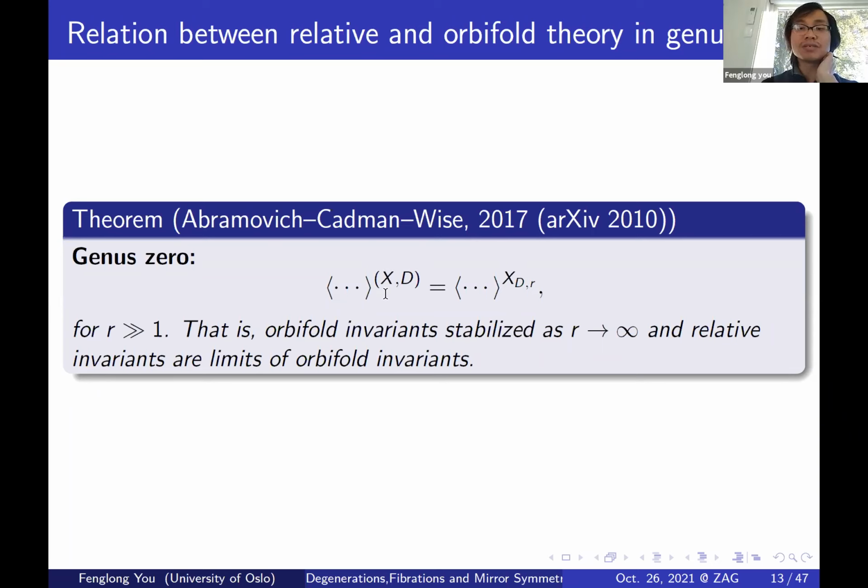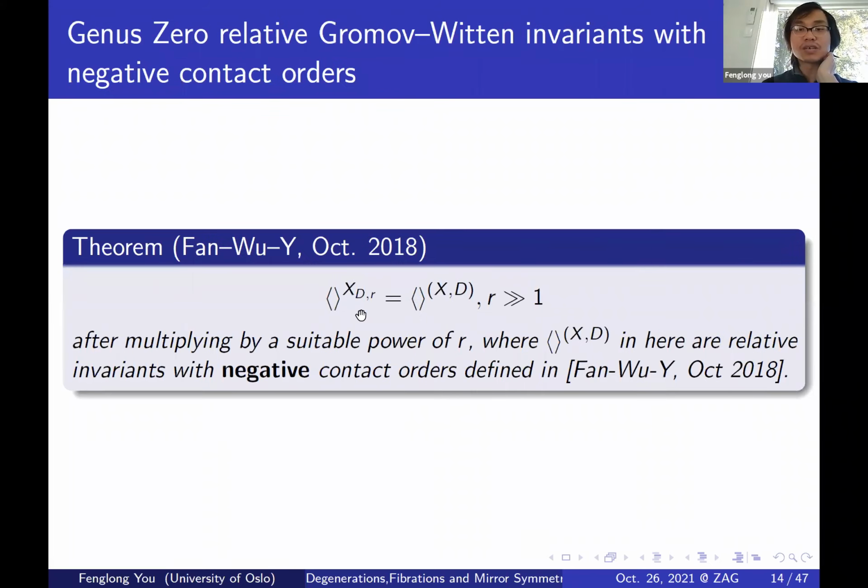But to do that, we first need to generalize this result a little bit more. We generalize the definition of relative Gromov-Witten theory to include more invariants, which we call relative invariants with negative contact orders.